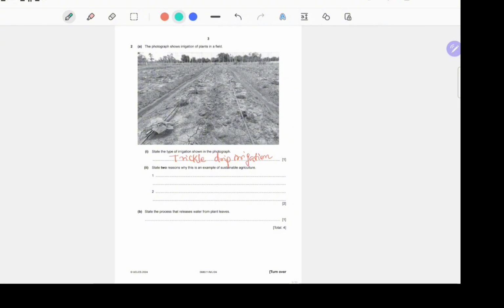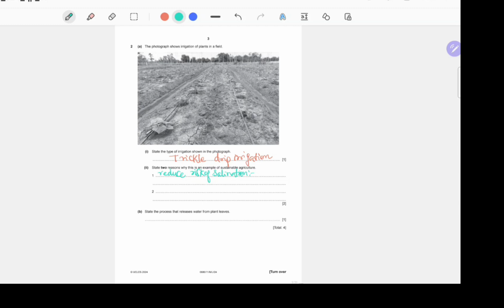Next one: state 2 reasons why this is an example of sustainable agriculture, or what is the profit you are making out of this method, or benefits of this method. I'll write 2 or 3. Reduces the risk of salination.